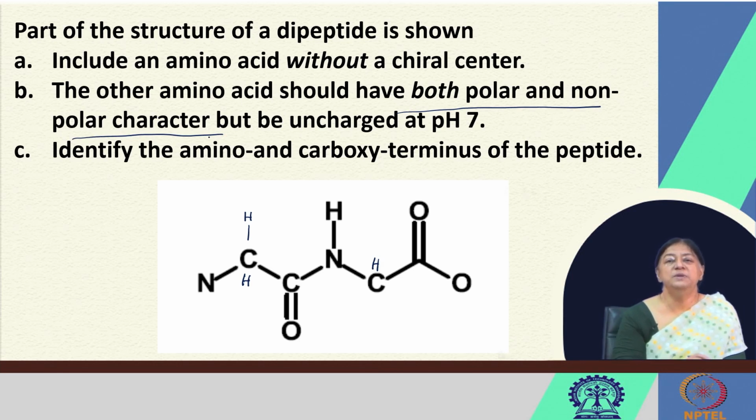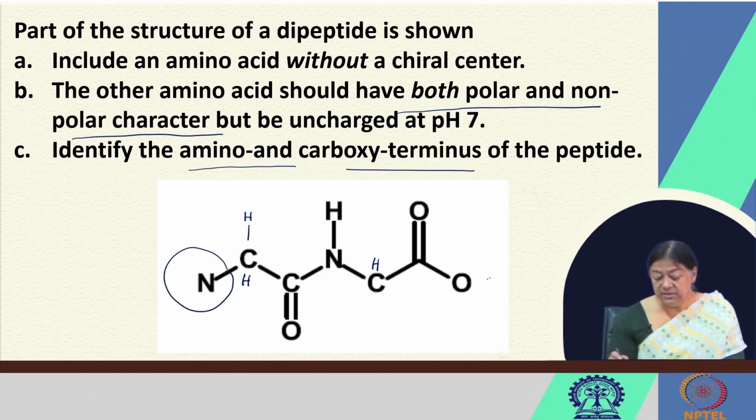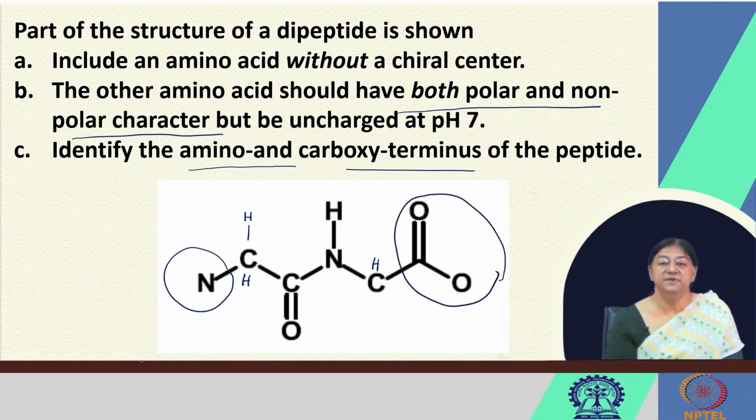So, this would preferably be an amide group. So, we can put an asparagine or we can put a glutamine. And then we have to identify the amino and the carboxy terminus. We know that this is the amino terminus, this is the carboxy terminus of this specific dipeptide, and depending upon what we have present here, we can determine even the pI. And where is our peptide bond? This is our peptide bond.